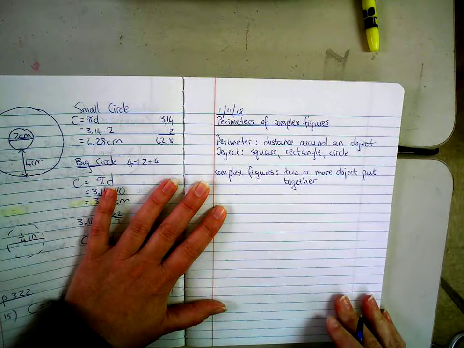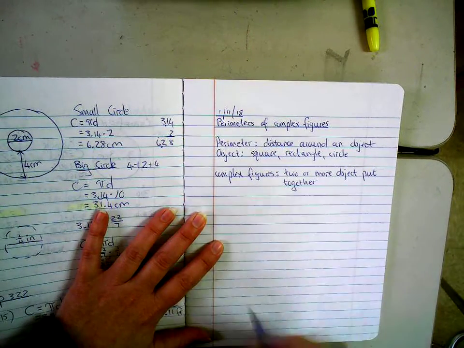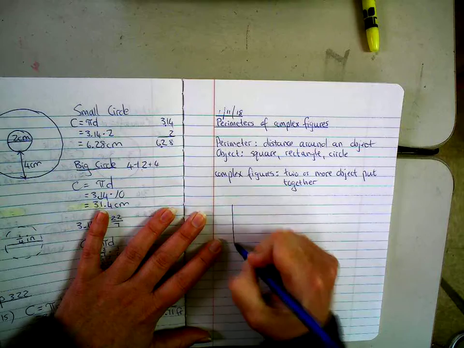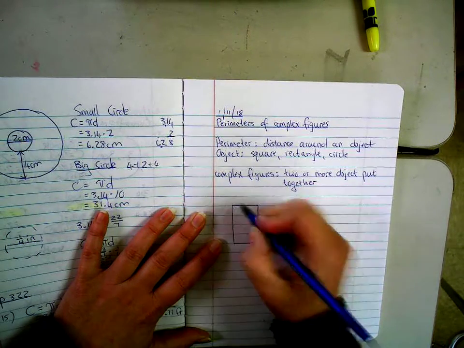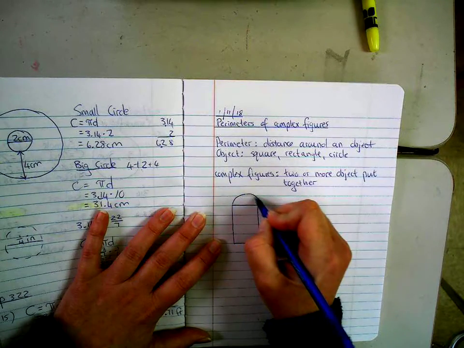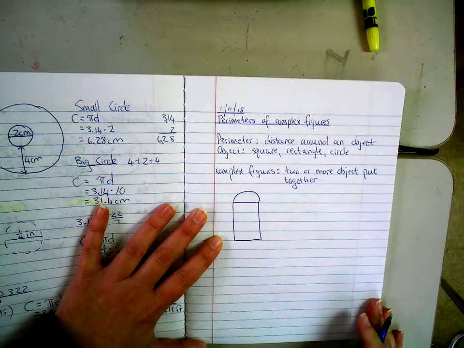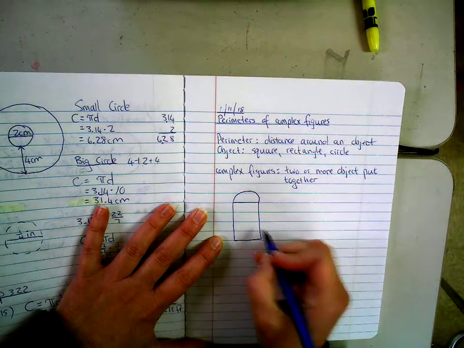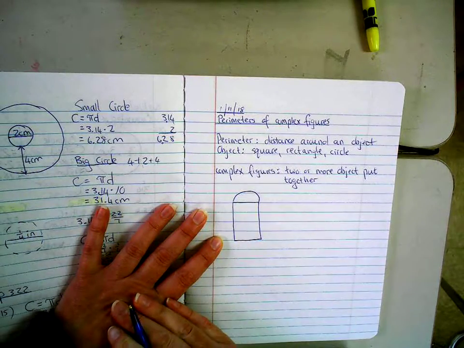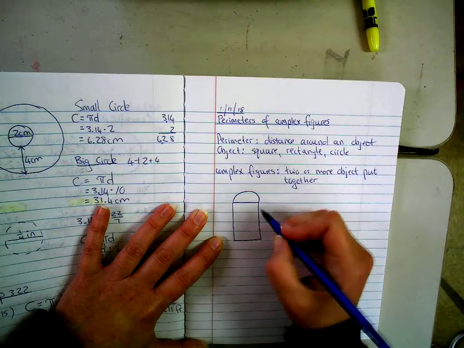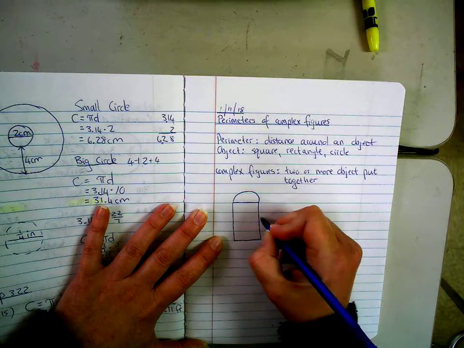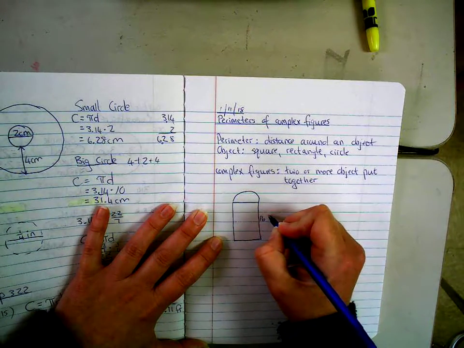Okay, so I can take a rectangle, which would be my wall, and I can have a semicircle on top, which could be my window, and this wall would have dimensions, and it'll have length and width. So let's say the length of this rectangle is 16 feet.